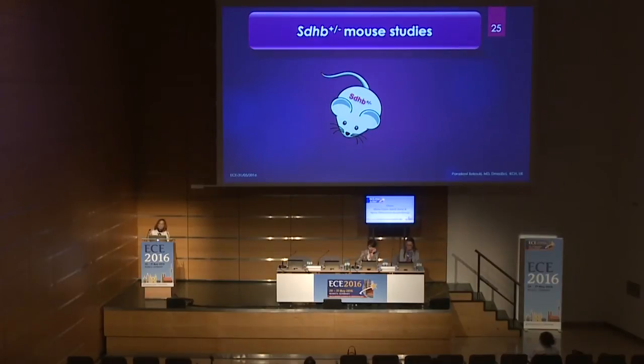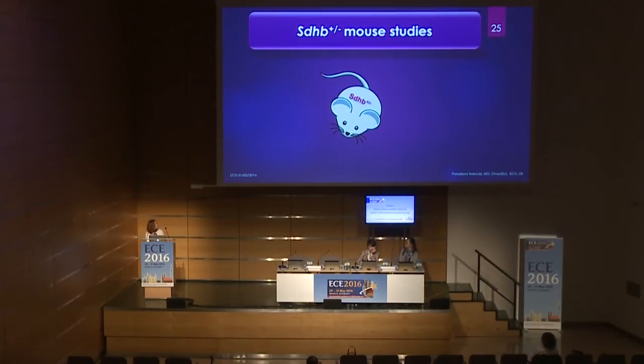So prompted by all these findings, and in an attempt to identify the pathophysiologic mechanism of how these mutations may lead to pituitary tumor formation, we decided to study the SDHB mouse that was available in our lab. Now, I have to be honest and say that we were not sure what to expect.